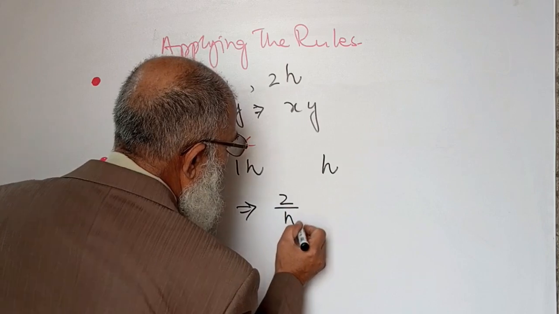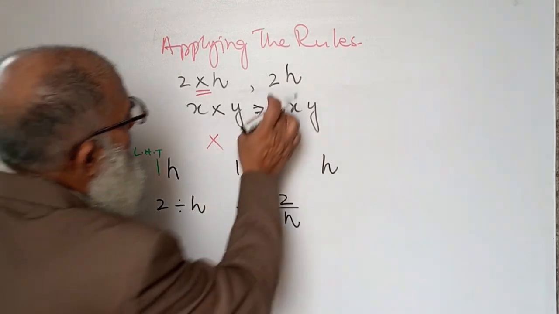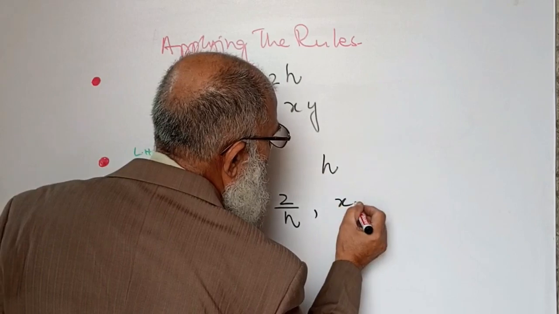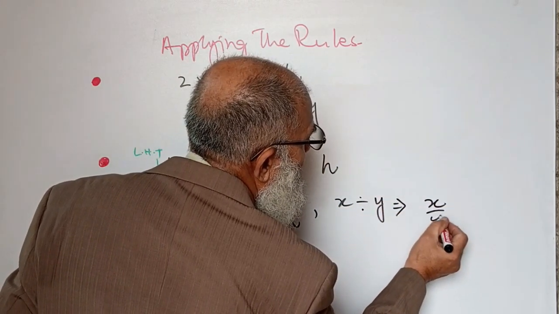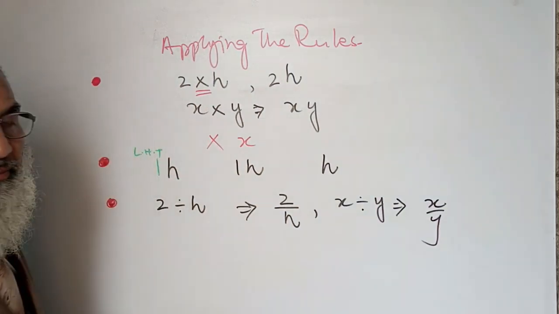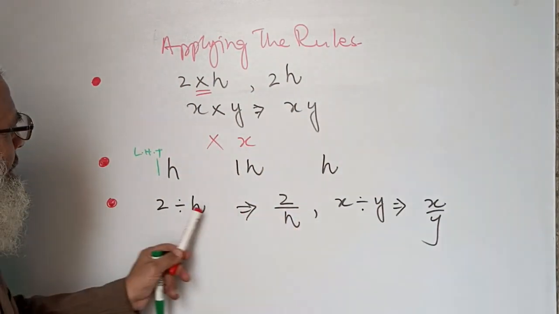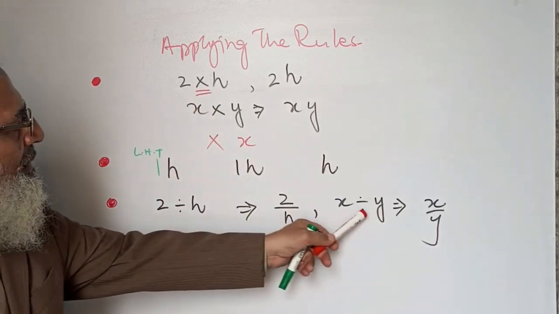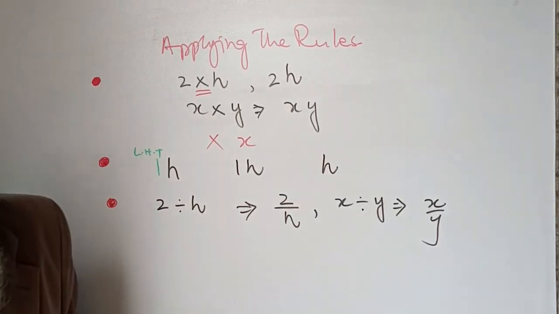We write it in this form, or if it is in terms of x and y, we do it like this, not like this. These signs are omitted in algebra.